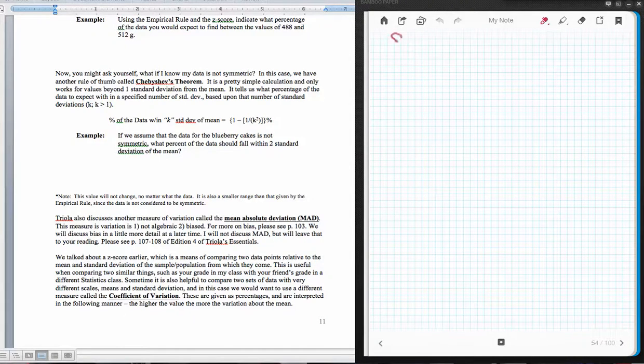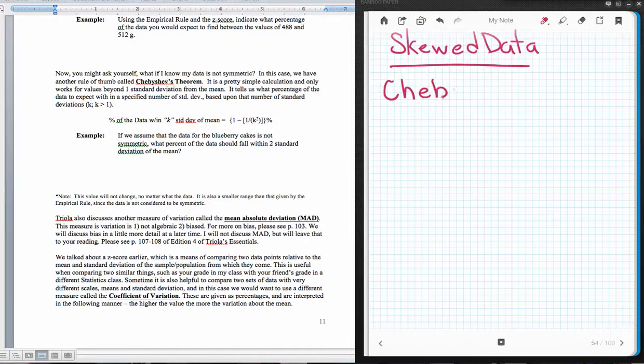So if I have skewed data and I want to talk about the percentage of data within a certain range of the mean, then I can use this. Sometimes you'll see Chebyshev's spelled differently because Chebyshev was a Russian mathematician, and it gets translated differently sometimes.